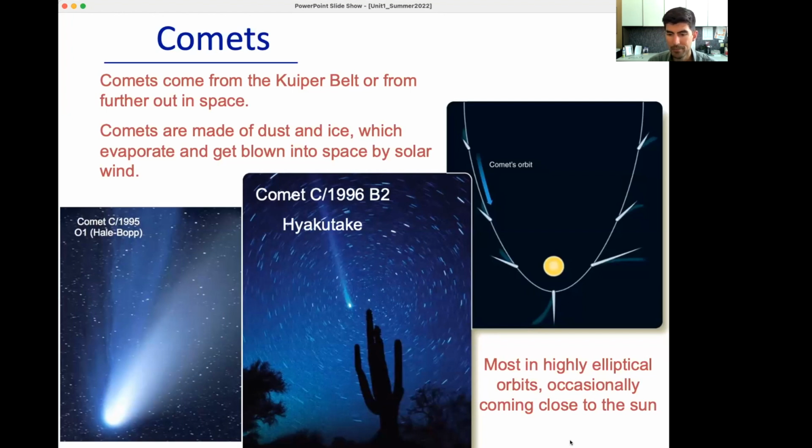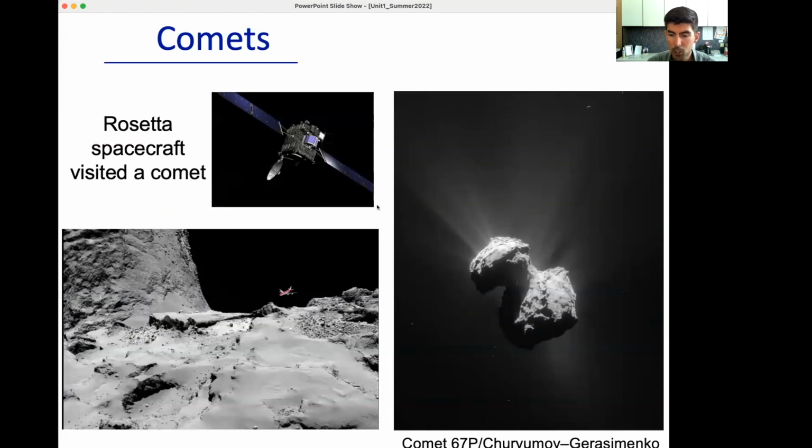Here's some closer images that we have been able to gather of comets that we have visited with our spacecraft. This is the comet 67P Churyumov-Gerasimenko. And this is a very large comet that came through our solar system. As you can see, this is the size of a Boeing 747, and this comet is much larger than that object.